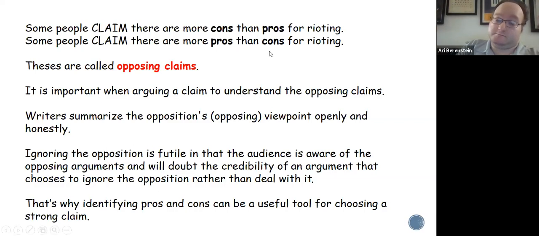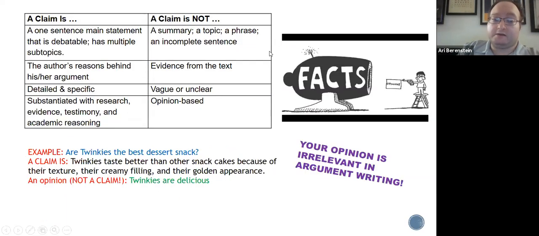All right, you've seen this slide earlier in lesson 3, what a claim is versus what a claim is not. You can read and review that on your own, or you can ask me for clarification on Teams if you are still confused on that.